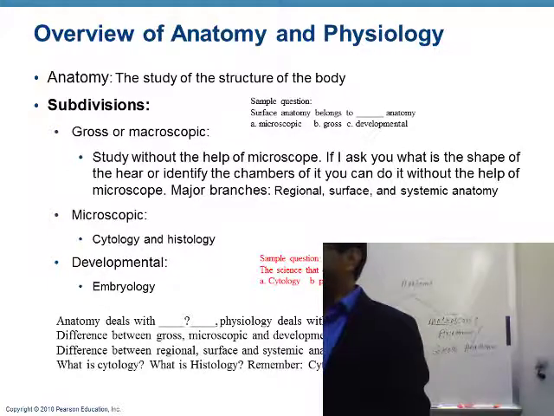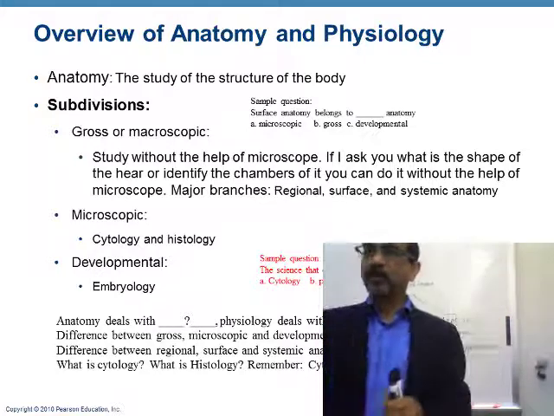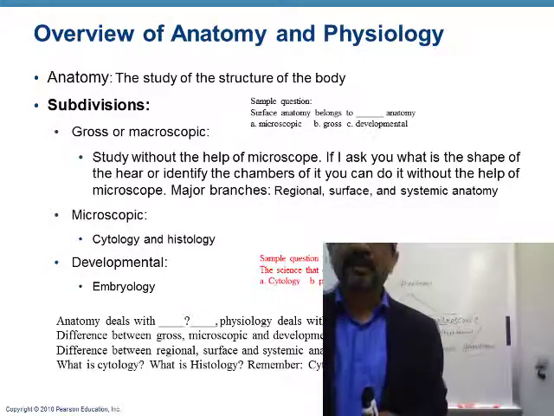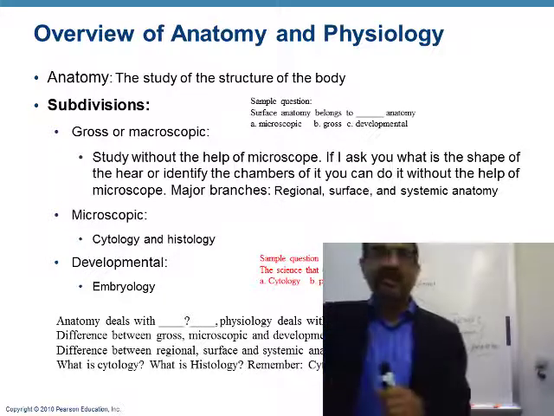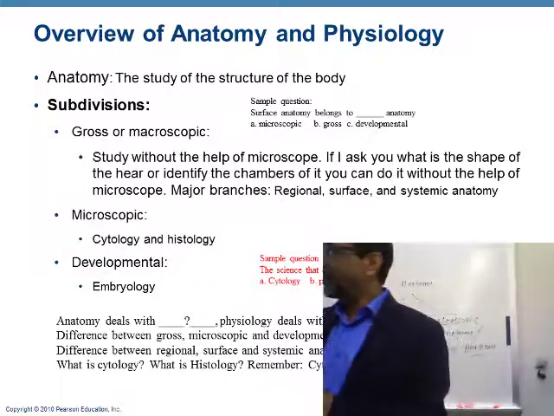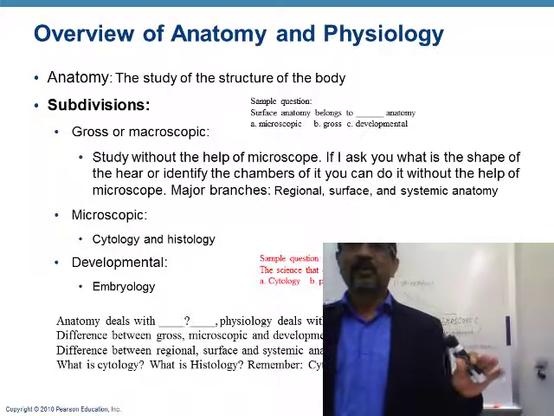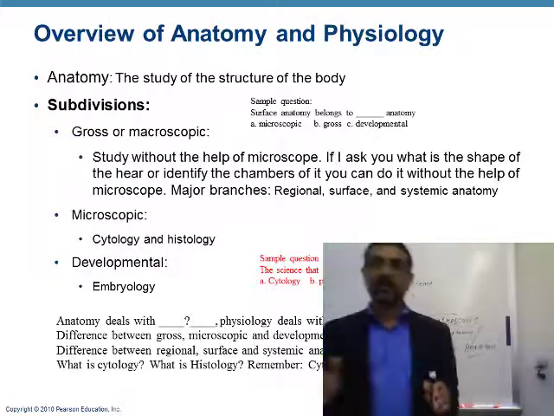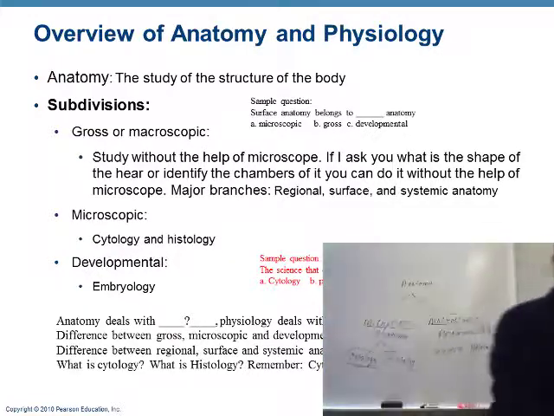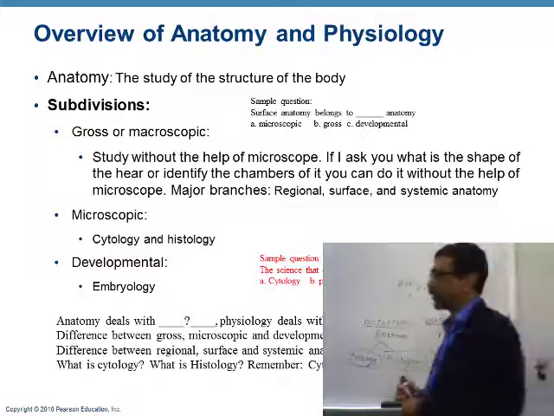And other features. Without microscope, you can tell this is a heart. If I show you a kidney, by looking its shape, size, color, right? You can tell this is a kidney. Make sense? So, study of the large structures without microscope. That's the macroscopic anatomy or gross anatomy.